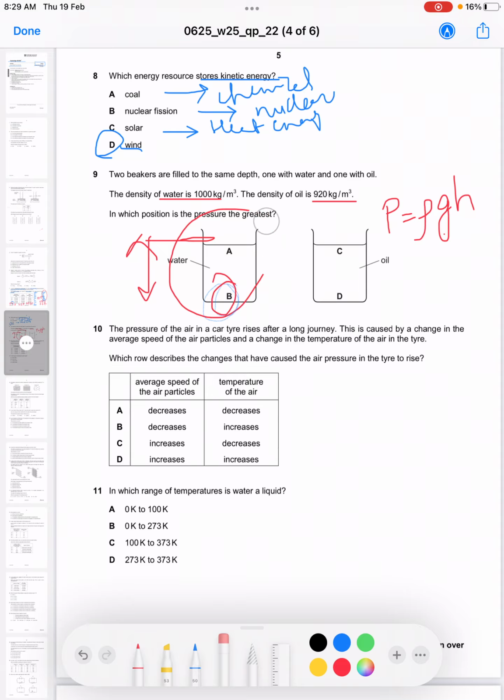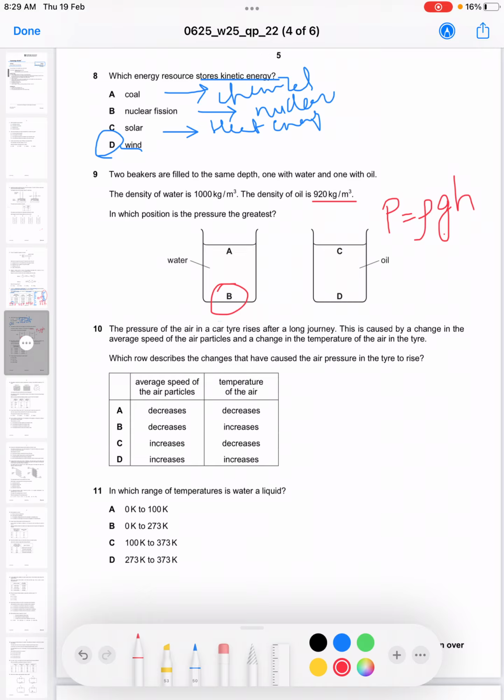This one is the right option, option B, because it is at height and the height is also maximum. As we go down the water, our pressure increases. So it is basically not the up height, it is basically down the height, down the sea level.